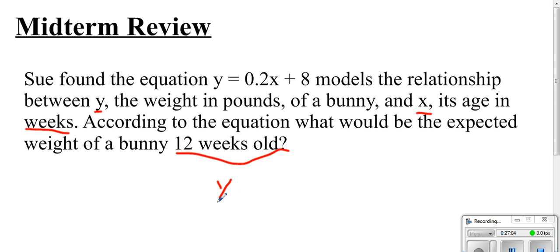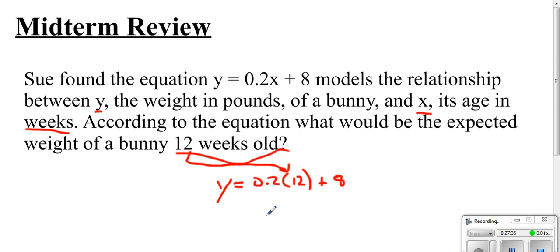So I'm going to rewrite the equation: y equals 0.2 times x, which is now 12, plus 8. So you're substituting that in. This 12 is now the x. By doing that, you are going to get how much this bunny weighs.